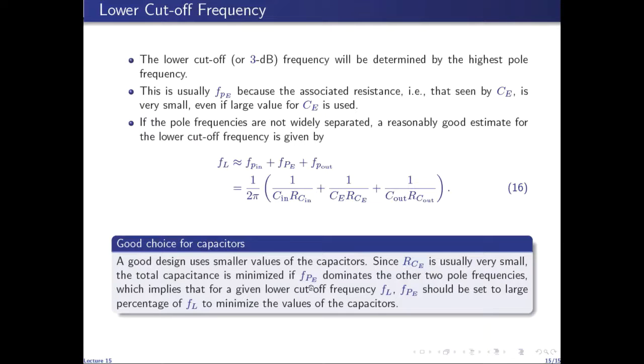By ensuring that FPE is a large fraction of the lower cutoff frequency FL, we can minimize the total value of the capacitance used in the circuit, where the total capacitance is the sum of Cin, Ce, and Cout. This is desirable because the smaller the value of a capacitor, the smaller is its size. So smaller value capacitors are desired to achieve the design criteria on the cutoff frequency FL.